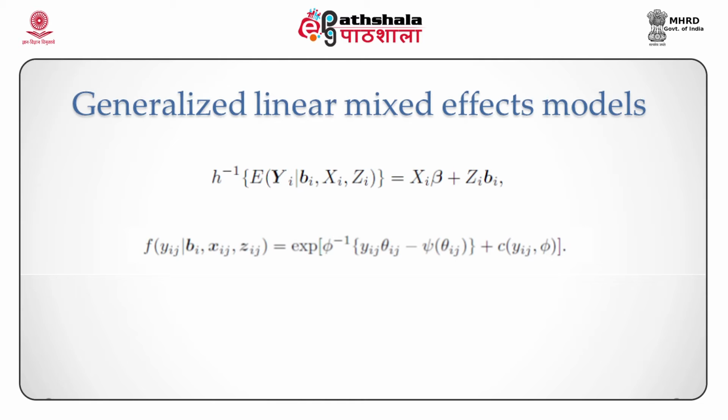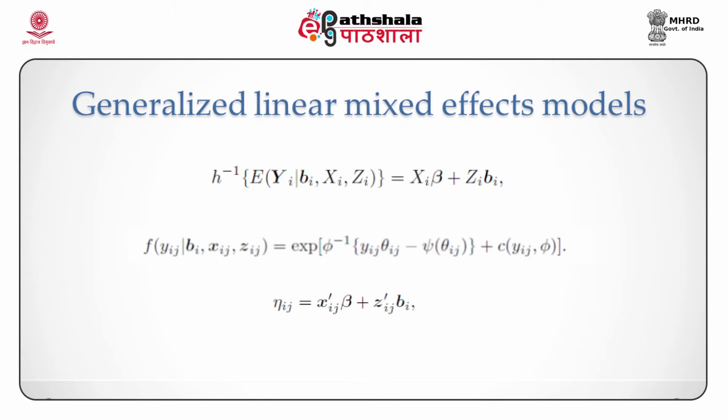So this is the representation of the one parameter exponential family, where theta ij denotes the canonical parameter and phi is an optional scale parameter. Now, of course, eta ij is the linear predictor. It is given by eta ij equal to xij prime beta plus zij prime bi, and we assume that eta ij summarizes the effect of all covariates on yij through the link function h inverse.